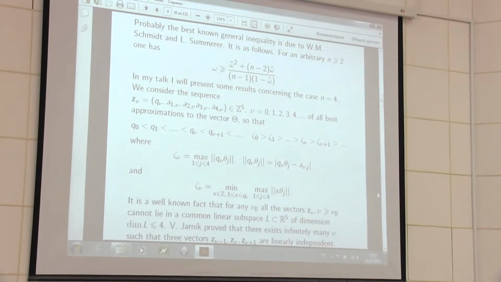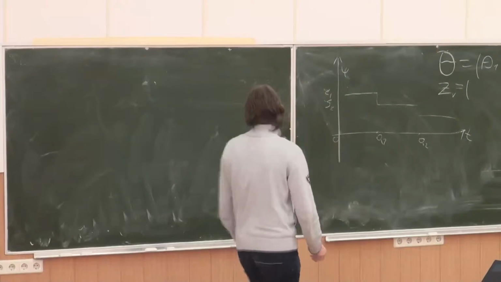And also, Jarník proved that there exist infinitely many tuples with three consecutive vectors which are linearly independent. And I'll try to draw what the situation is.